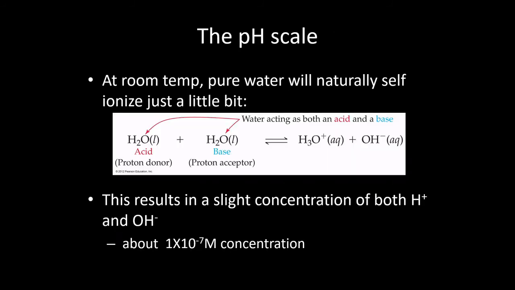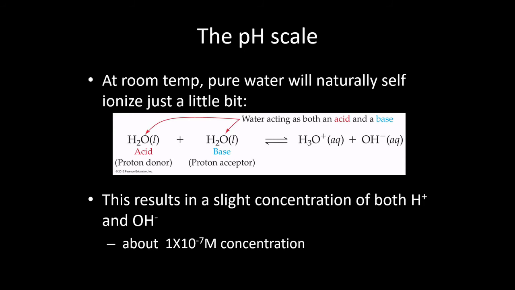Alright, real quickly here, to finish up this chapter, I want to talk a bit about the pH scale. So the pH scale comes from a really interesting reaction that takes place with water. If you remember in the last video, I kind of hinted that water can act like a base in some situations and an acid in some situations. It just depends on what it's reacting with.